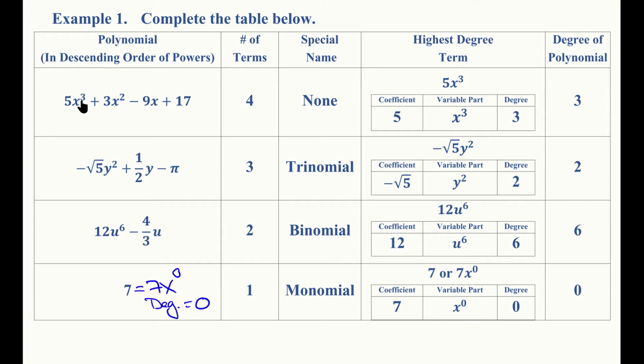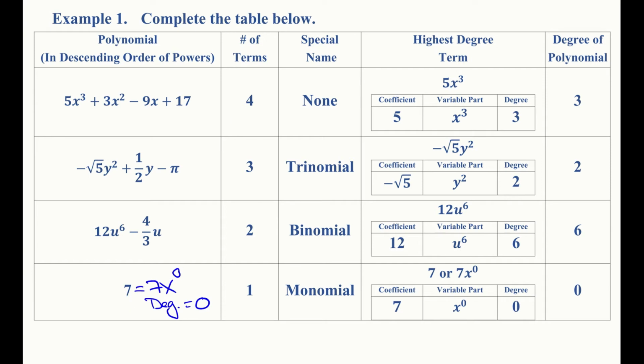The degree of this term is 3, this one is 2, this one the degree is 1, and this one we know is the degree is 0, because we can multiply it times x to the 0. So every single one of these actually is a polynomial in descending order of powers. Of course, for this one it's moot, given that there's only one term.